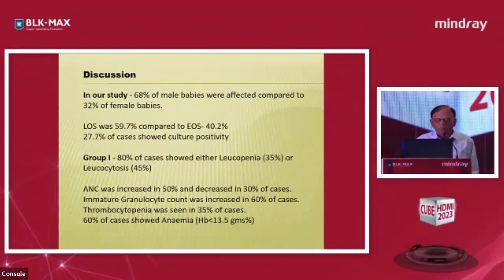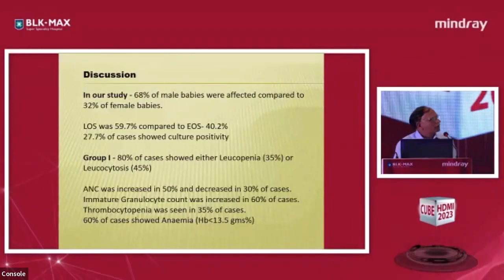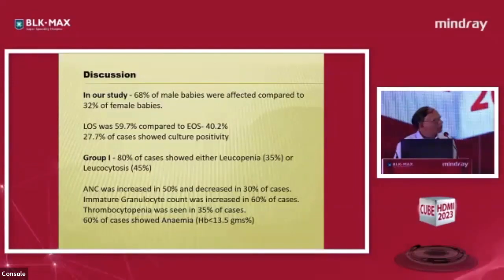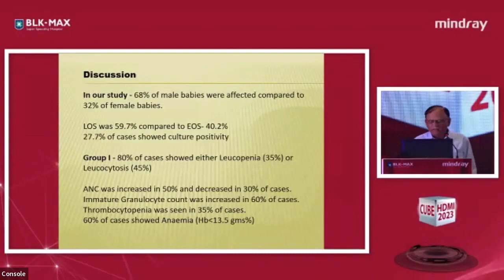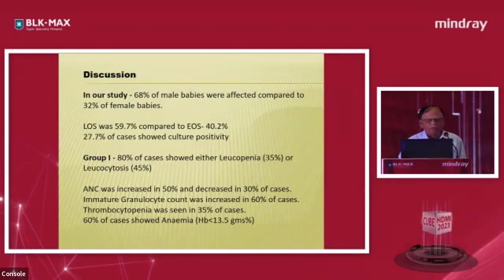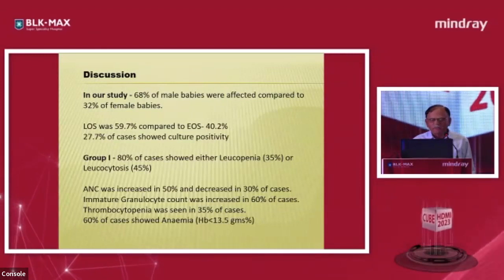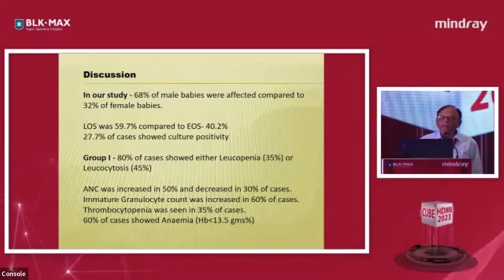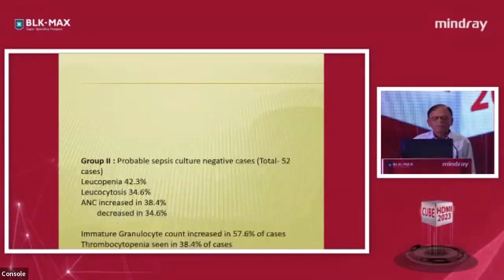And now group 1 in our study, 80% of the cases showed either leukopenia or leukocytosis. That is, 35% leukopenia and 45% leukocytosis. And then again, absolute neutrophil count was increased in 50% of the cases and decreased in 30% of the cases. And immature granulocyte count was increased in 60% of the cases.